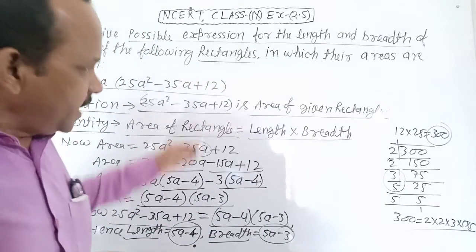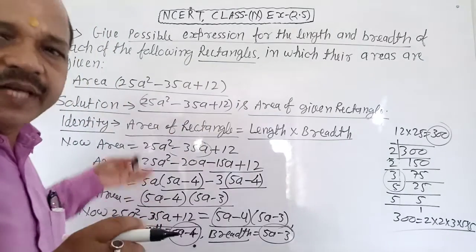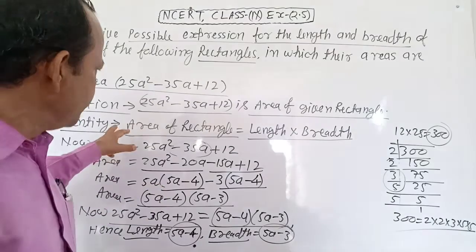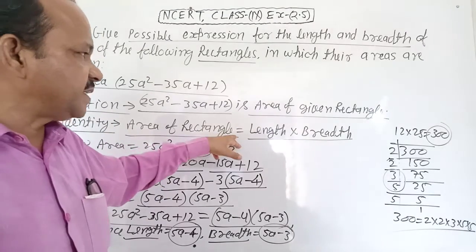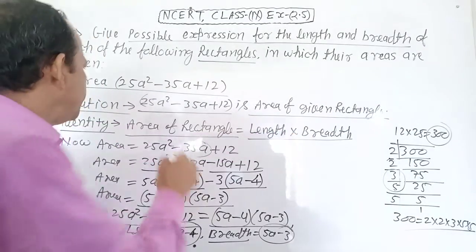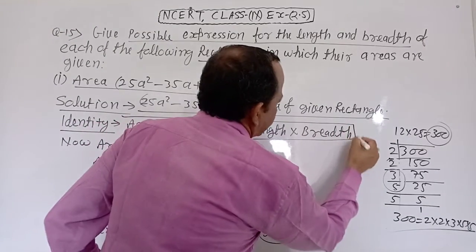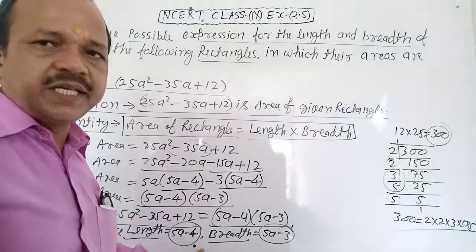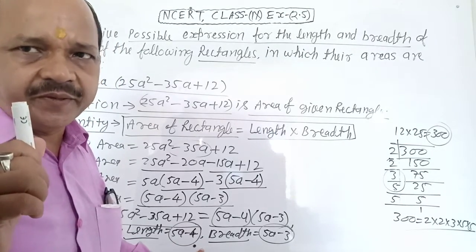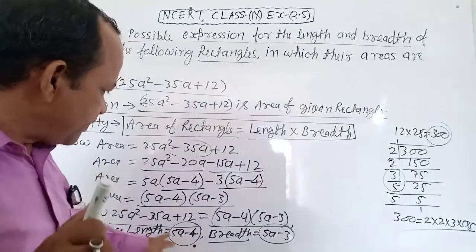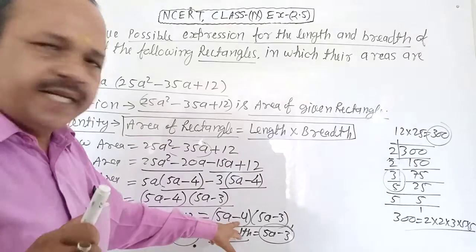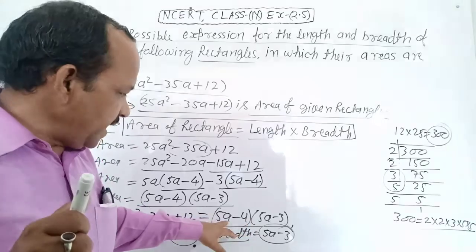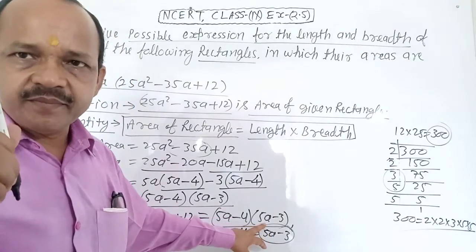Very good. In this way you can solve any question very easily by the help of the suitable identity. Area of rectangle equals length multiplied by breadth. It is a suitable identity. Identity is clear, your solution is clear, no confusion about it. Very good. Here 5a minus 4 and here 5a minus 3. 5a and 5a are the same.